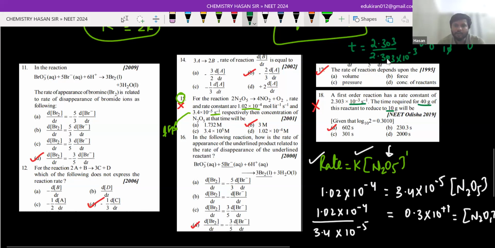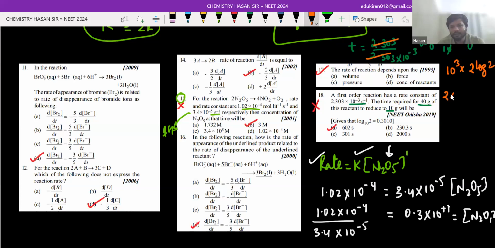So it comes out to be, you can see this and this will be cancelled, and when it goes up, it will be 10 raised to the power 3 into 2 log 2. And you also know that log 2 can be written as 0.3010, you can take. So what will be the answer? 0.30 into 10 raised to the power 3. So it comes out to be 300 into 2, that is equal to 600 seconds.